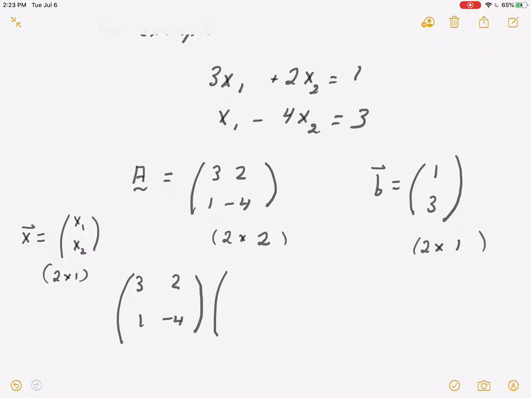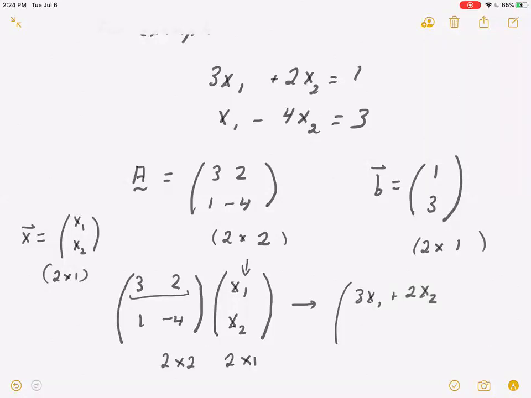And the problem I want to focus on, why do I go through the trouble of defining matrix multiplication, where I have a 2-by-2 matrix multiplied by a 2-by-1 matrix, and I take the first row of the first matrix and multiply it by the first column of the second matrix. I'll get 3 times x of 1 plus 2 times x of 2. And then the 2, 1 matrix element comes from taking the second row of the first matrix and multiplying by the first column of the second matrix.